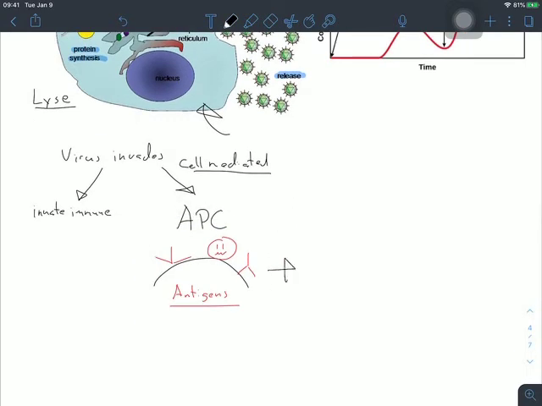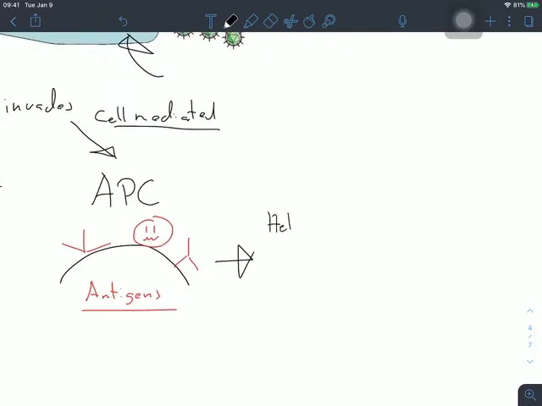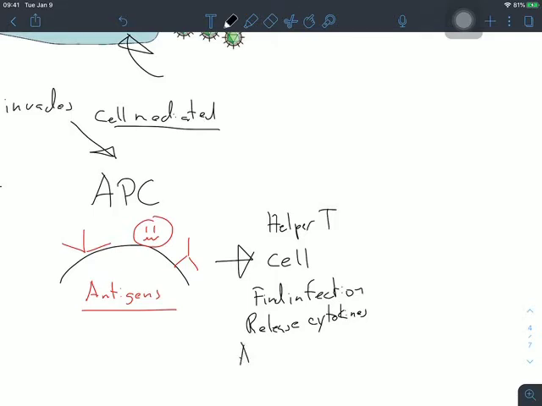Now, when it presents this antigen, it will communicate with a T cell, specifically a helper T cell. The helper T cell will find this infection, release cytokines, and activate the B cells to clone an effective antibody.